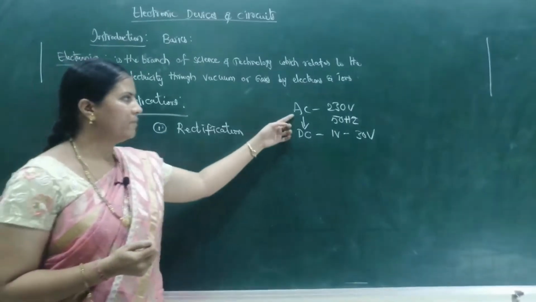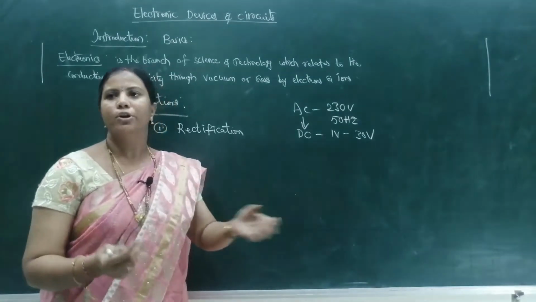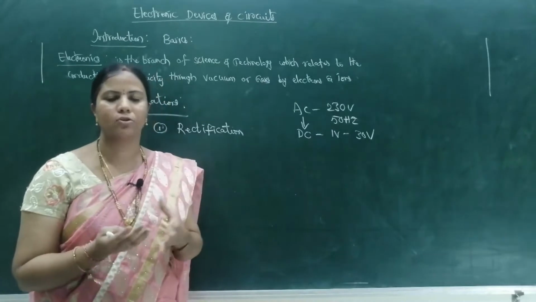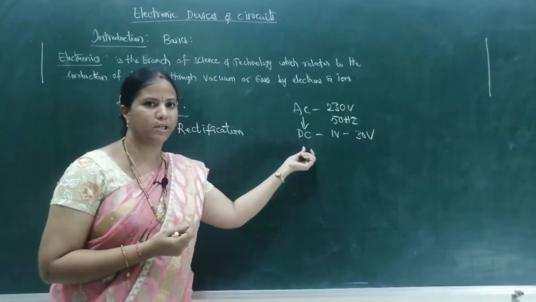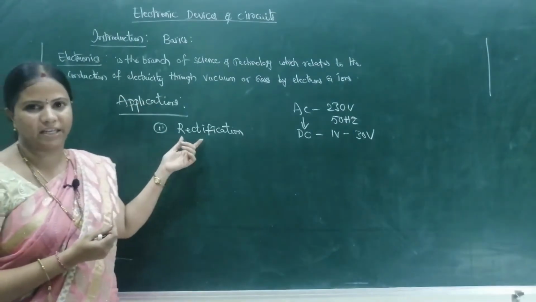By converting AC voltage to DC voltage, we can use this DC voltage for the electronic appliances in your lab. In your lab, all the electronic devices are used with DC voltage only. That's why one of the applications of electronic devices is rectification.